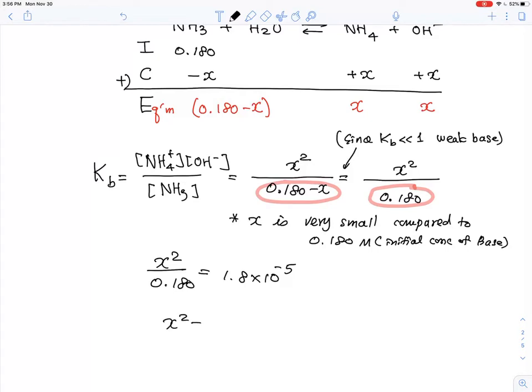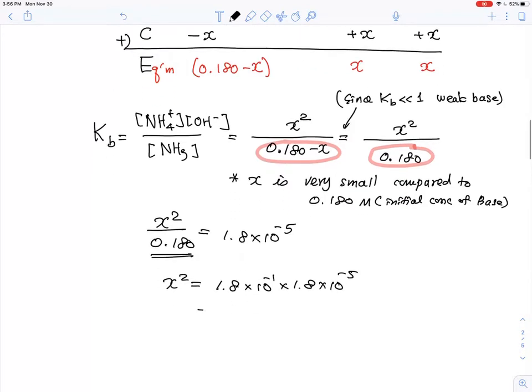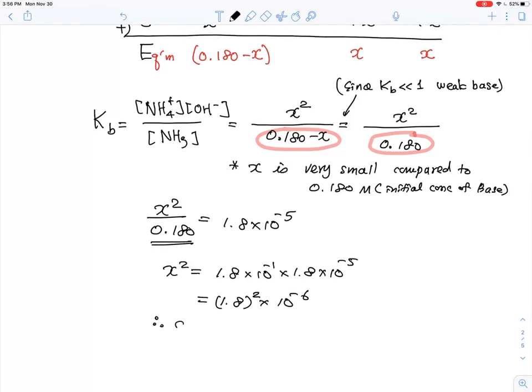X squared is 1.8 times 10 to the minus 1 times 1.8 times 10 to the minus 5. So I know that this is 1.8 squared times 10 to the minus 6. So therefore my X value is 1.8 times 10 to the minus 3. Just take the square root of both sides, and you'll get these numbers.